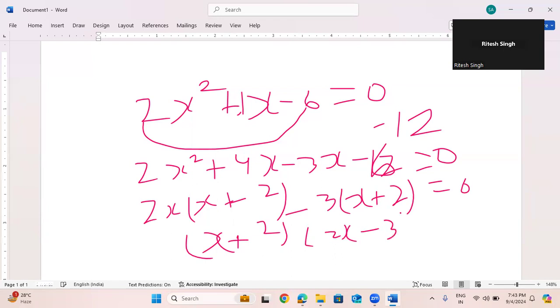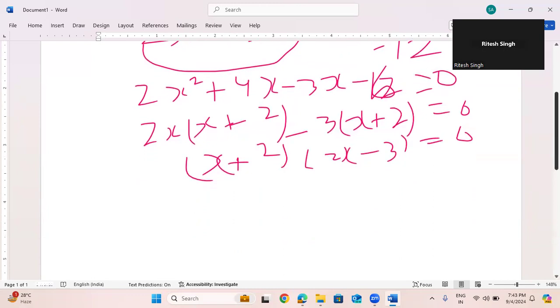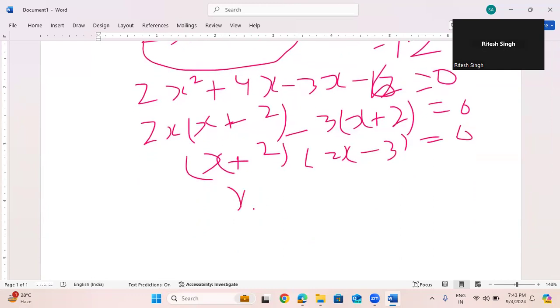So we will take each as 0. By putting x plus 2 is equal to 0, we will get x is equal to minus 2, because plus will go to that side and become minus 2. Here 2x is equal to 3, so x will become 3 by 2. Right. So there are two solutions of this equation: x is equal to minus 2 and x is equal to 3 by 2.